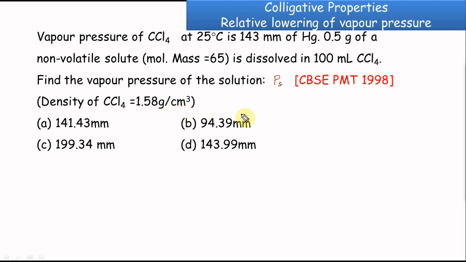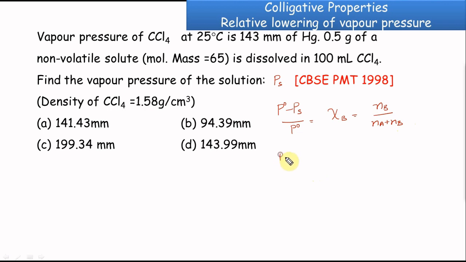Now what we know is P0 minus Ps divided by P0 equals our mole fraction chi of B. Here our mole fraction can be written as moles of B divided by moles of A plus moles of B. So P0 is given as 143.